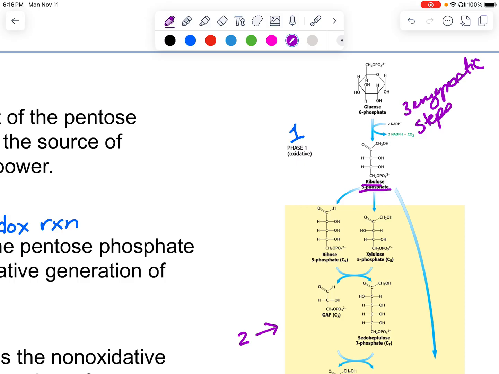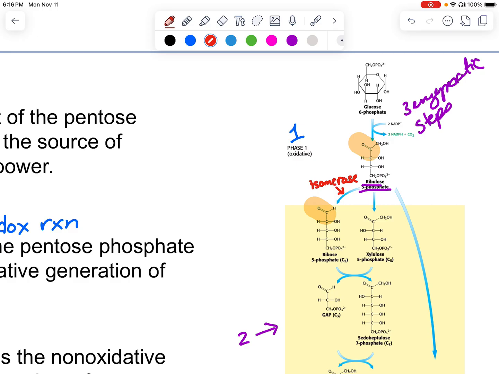And if you look at this, this is a ketose sugar. We've got that right here, this ketone piece. And what we need is the aldehyde sugar. So right at the end of that oxidative part, we have an isomerase enzyme that will convert that.